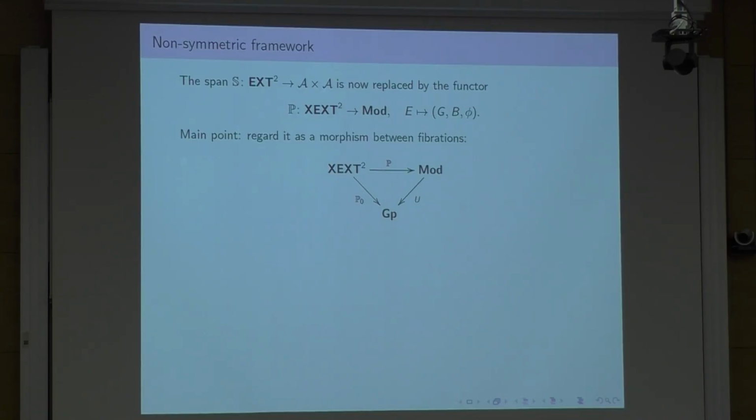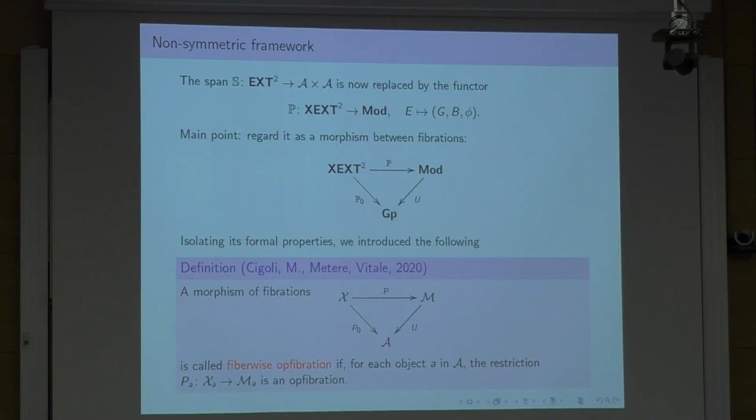Instead of considering a single functor, we can consider this as a morphism between fibrations. Because pi 0 and U, the forgetful functor of any G module into G, the acting group, are fibrations, and we have a morphism, a Cartesian functor, which is a morphism between fibrations. And if you look for the formal properties of the specific case, we can introduce this notion.